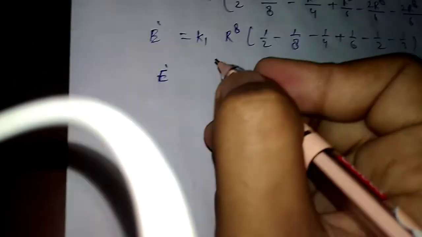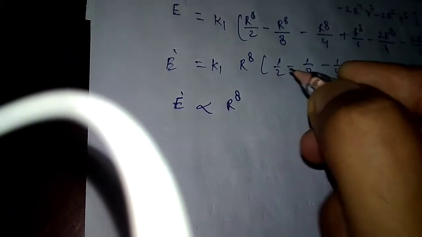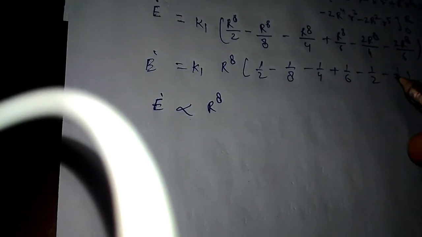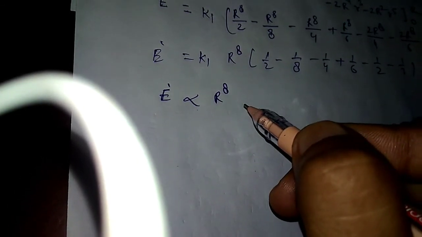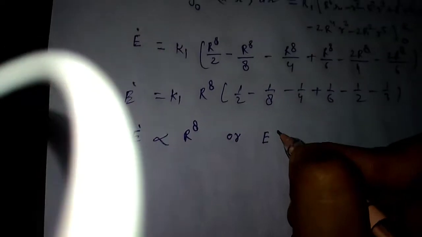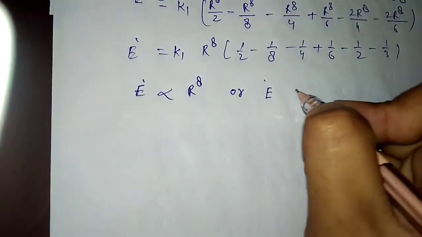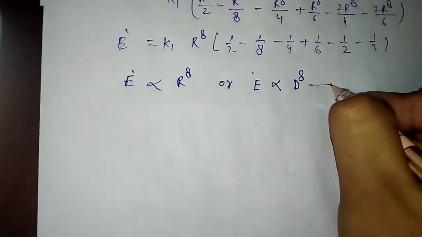From here we can say E dot is proportional to R to the power 8, because the rest of the terms are constant. So E dot is proportional to D to the power 8. This is equation third.